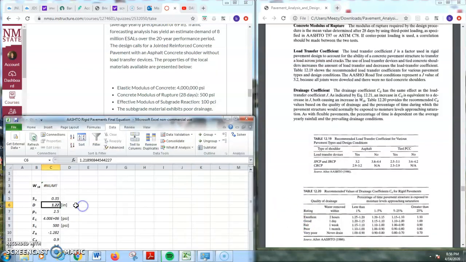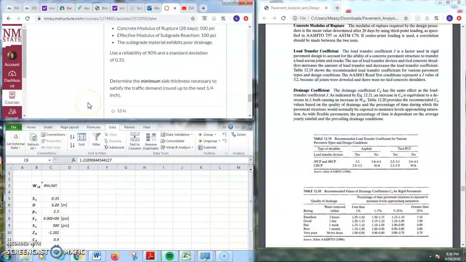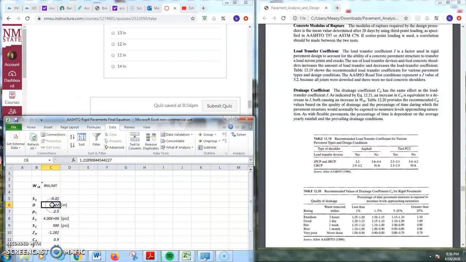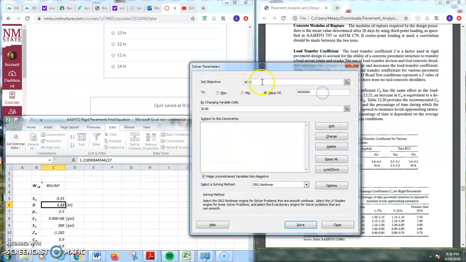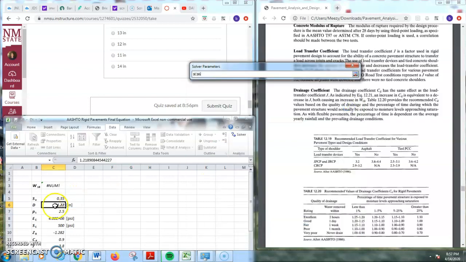And that is not working. C3, 8 million. Why is that not working?